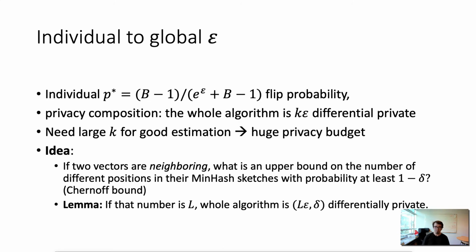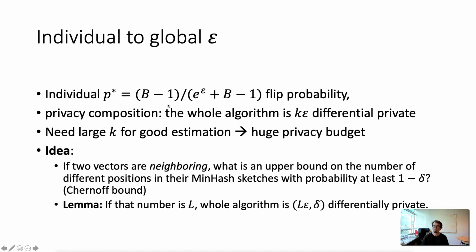What we do in the paper is that we consider that for differential privacy there is not only this epsilon, but there's also the delta, if you look back into the paper, or you know this from knowing what differential privacy is. And we consider, if two vectors are neighboring, and I use these MinHash sketches, how many differences do I expect to see in these MinHash sketches when the original vectors were neighboring? It's pretty easy to compute with a Chernoff bound.